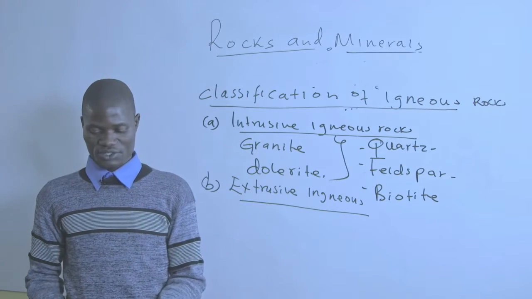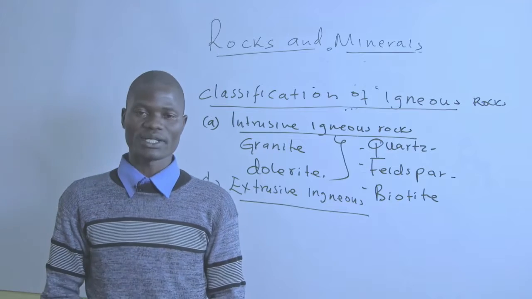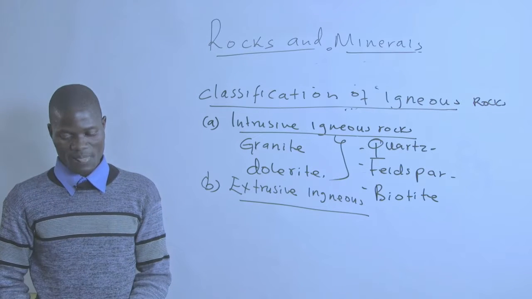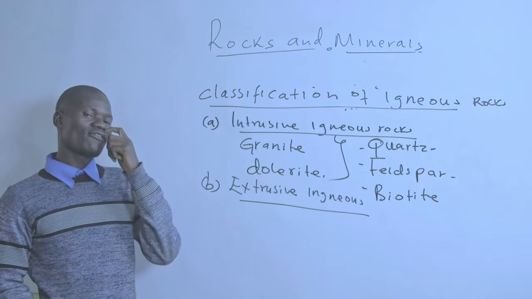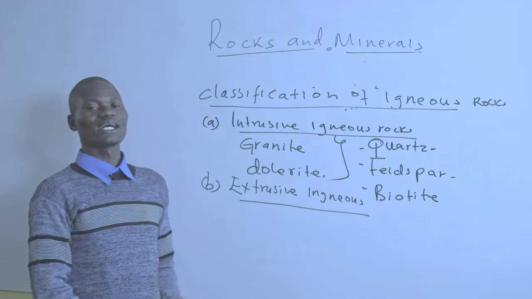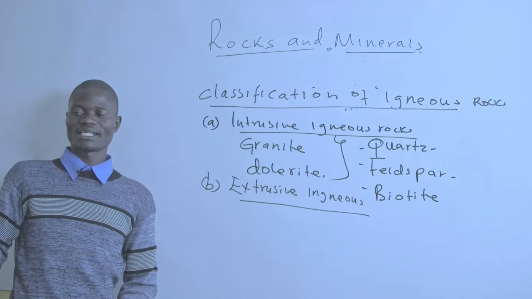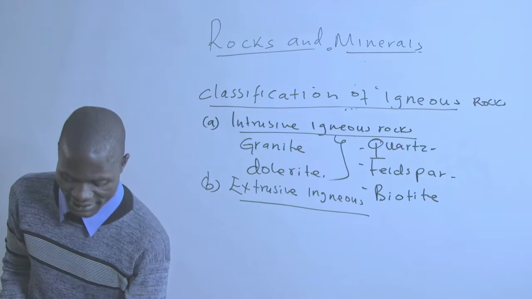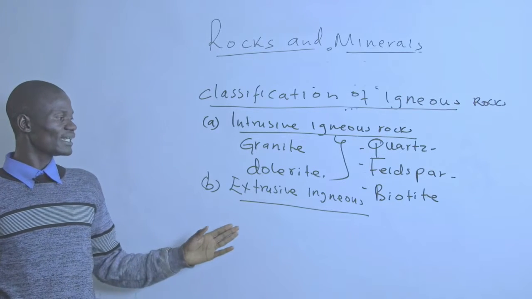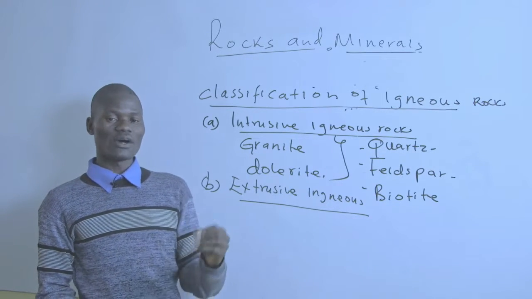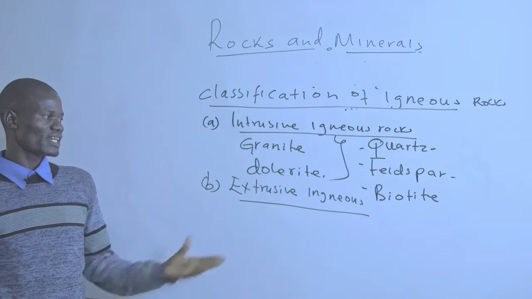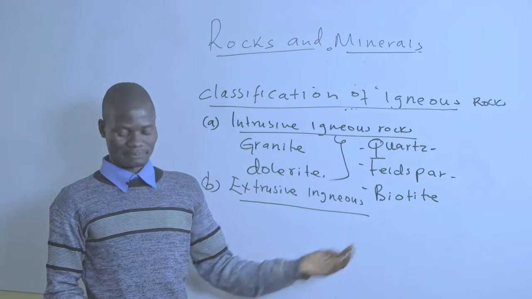As we had already looked at earlier, extrusive igneous rocks are rocks that were formed when lava flowed, cooled and solidified on the Earth's surface, leading to rapid cooling and therefore to rocks with very small crystals in them.